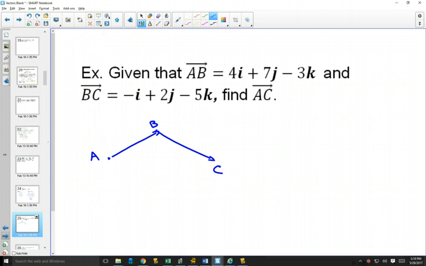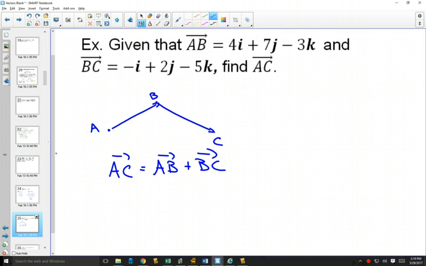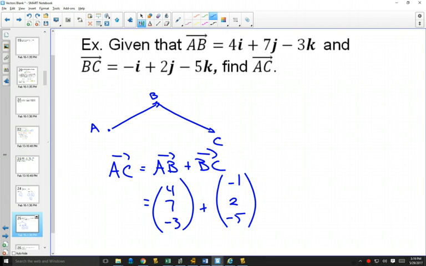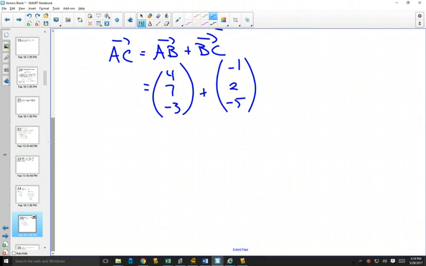We just have to go from A to B plus B to C. And if we added those, 4, 7, negative 3, plus negative 1, 2, negative 5, our resultant vector is going to be 3, 9, negative 8.